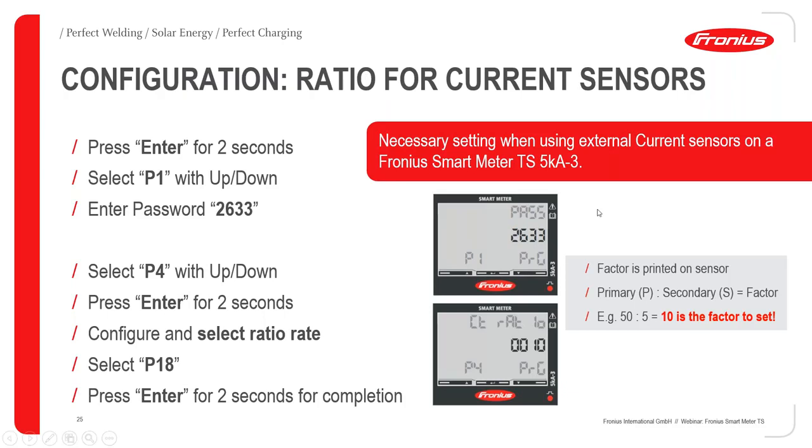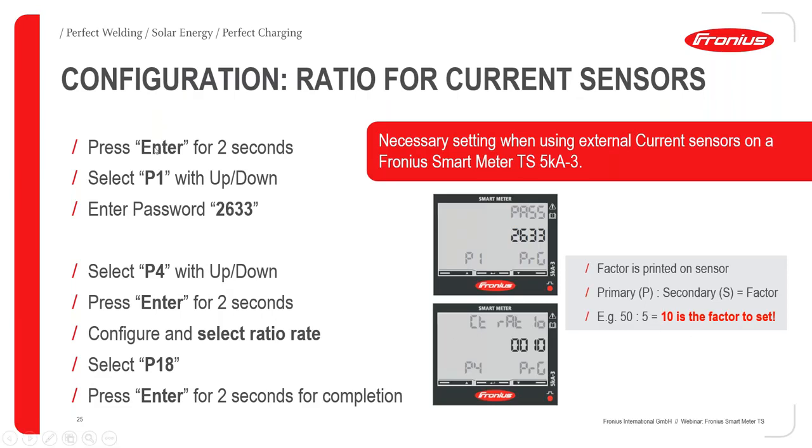So for example, we have selected here a current sensor with the factor from primary to secondary side from 50 to 5. So it's actually a setting, a factor of 10, which we need to be set. So it's always different one, of course, regarding your choice of sensor, and it's also every time listed at the side of the sensor, or should be actually listed at the side of the sensor. And this setting, this factor, we need to set now.